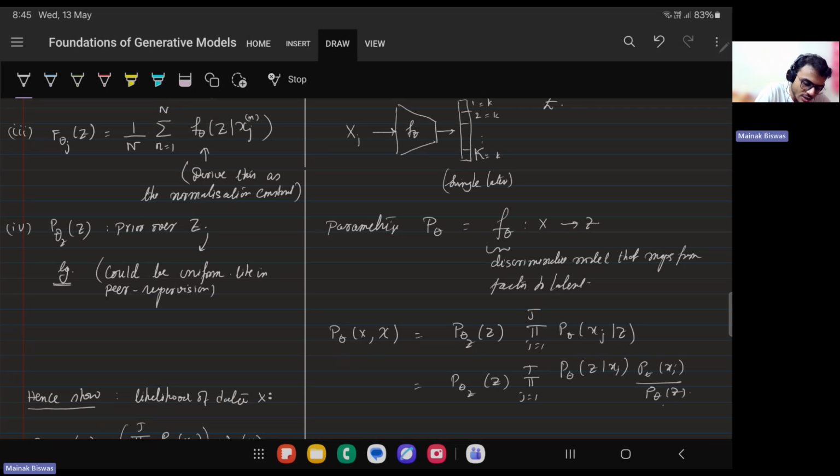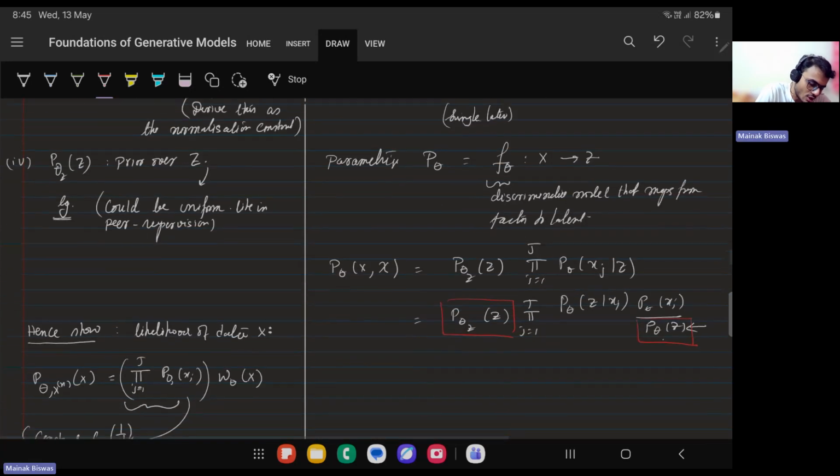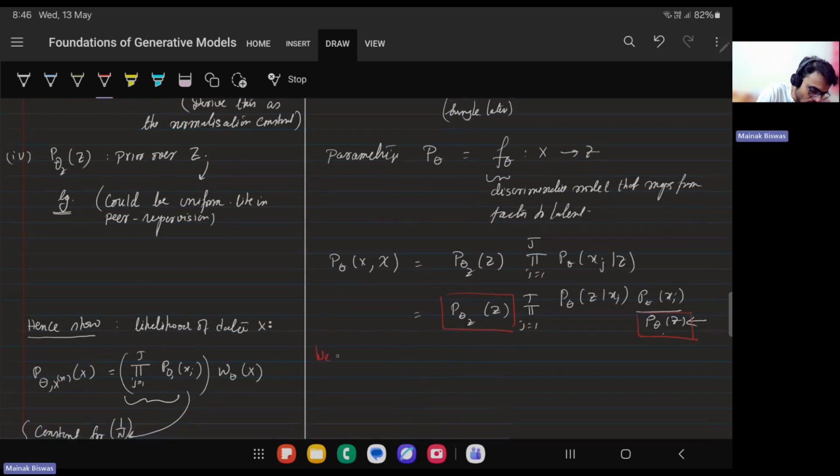These two, you note, will be modeled separately, not in the same way. This is more of a prior. This is learned by the model.